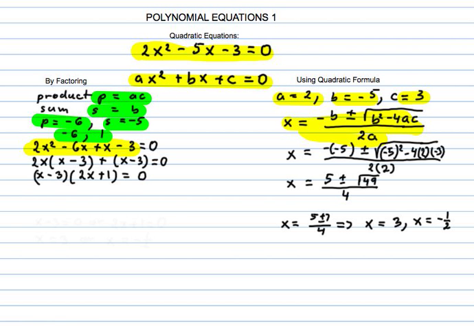So from the first 2x squared and negative 6x, the common factor is 2x. So when you take this factor outside, you have inside the bracket x, because 2x times x has to give you 2x squared, and you have minus 3, because when you multiply 2x times negative 3, you must get negative 6x.